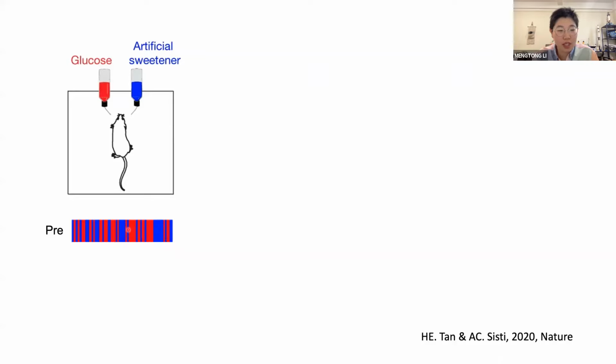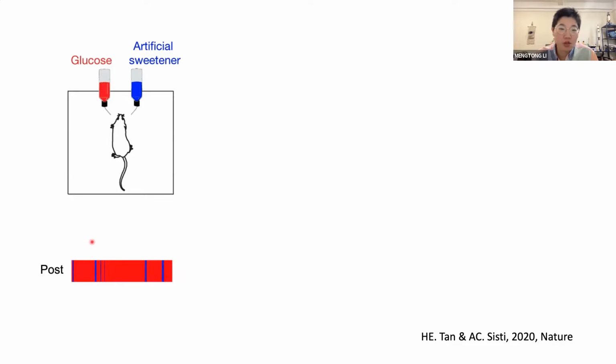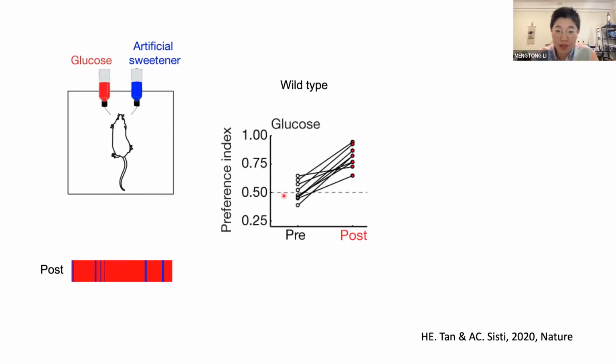After it was exposed to both bottles over 24 hours, the mouse almost only drank from the bottle containing glucose. This graph plots the pre and post preference index for glucose, showing the dramatic increase.